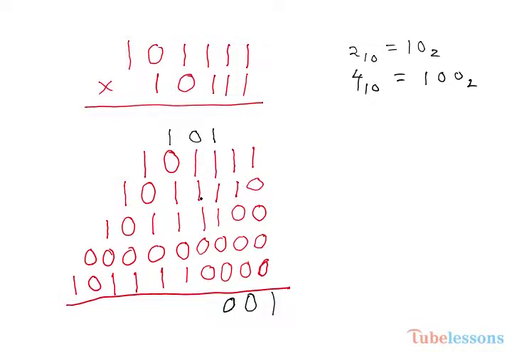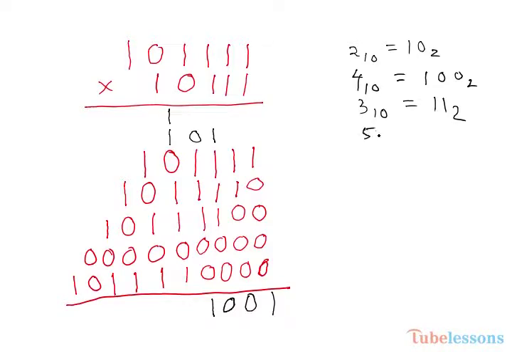Now 1 plus 1 plus 1 equals 3. Decimal 3 means binary 11. Let's put that 1 here, and this one will be carried forward to here. Now 1 plus 1 is 2, 2 plus 1 is 3, 3 plus 1 is 4, 4 plus 1 is 5.